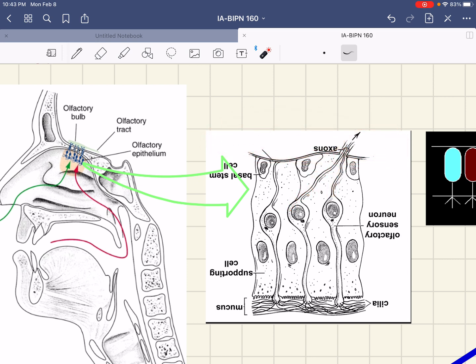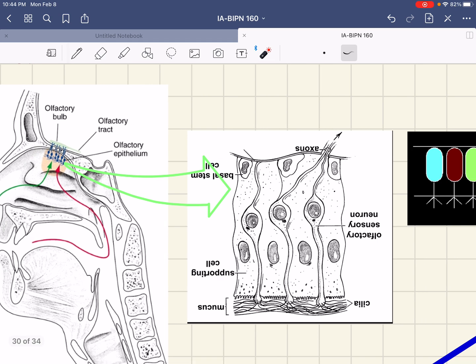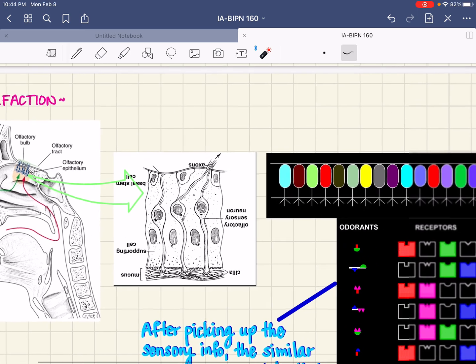These cilia are these little cilia right here, just more zoomed in. And these cilia contain receptors on them, and these receptors will be responding to different types of molecules.